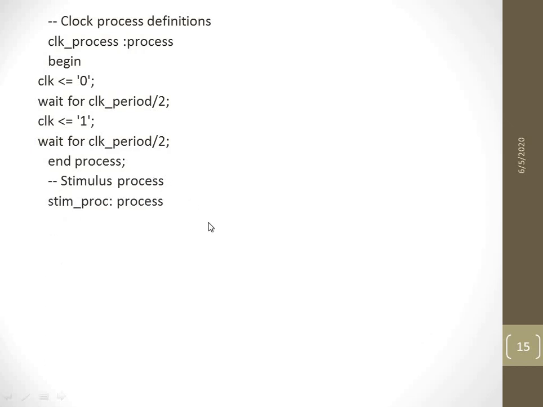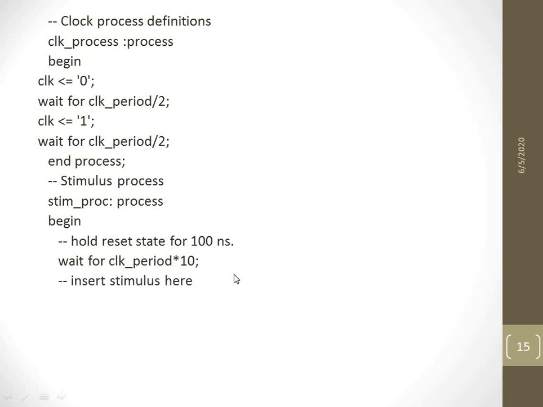Then now comes the actual stimulus generation. So stimulus process begin, waiting for clock period into 10, that means 600 nanoseconds, and then wait. We don't want to give any stimulus, since it is a counter, it keeps only counting the clock pulses.